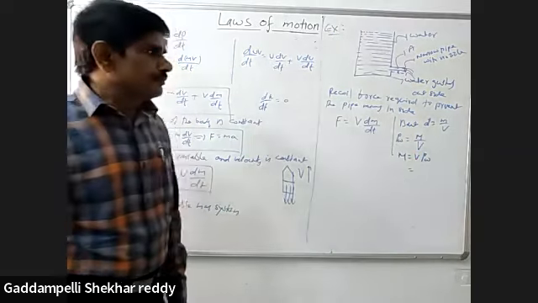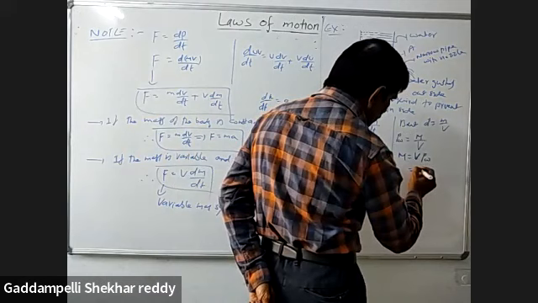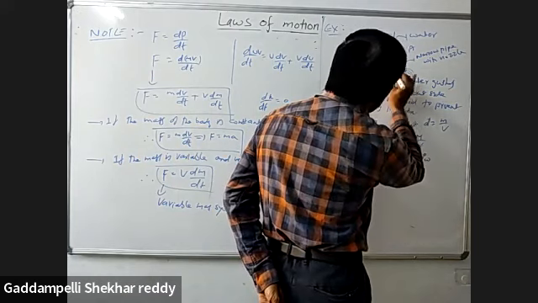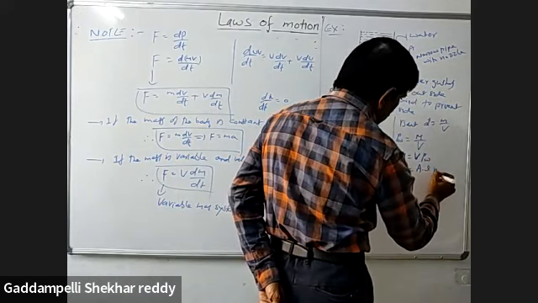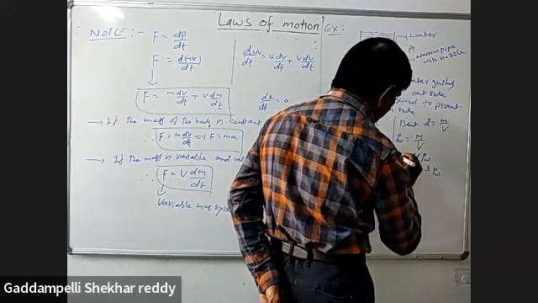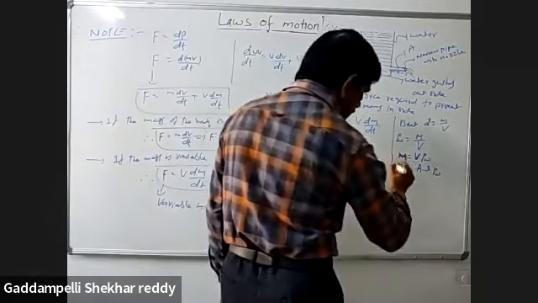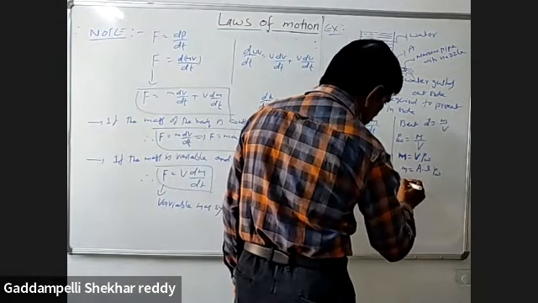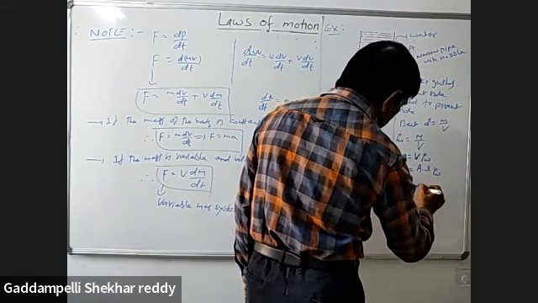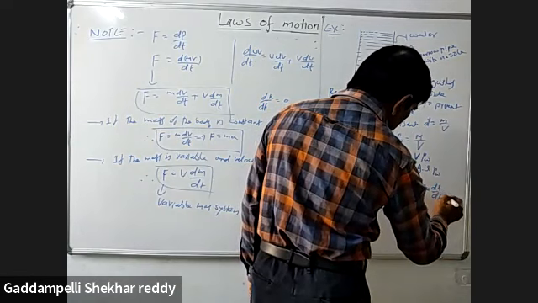The volume of the water we write in terms of area of cross section into length, so m is equal to A L rho water. Differentiating on both sides, dm by dt is equal to A rho water dl by dt, since the area and density are constant.